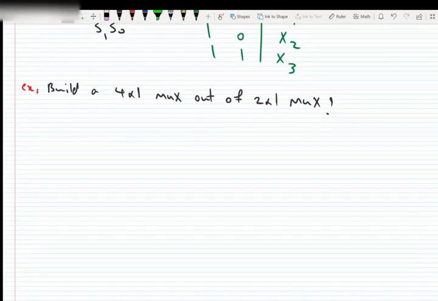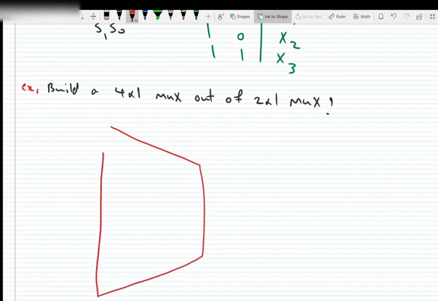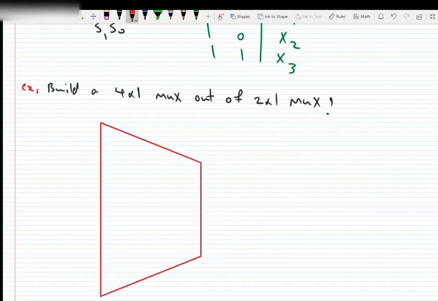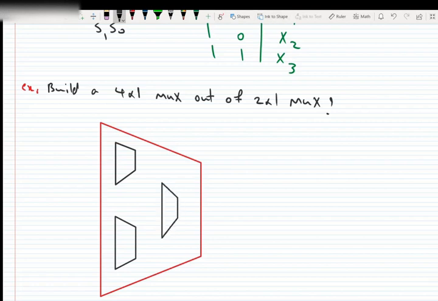So let's do that. If this is our 4 by 1 multiplexer, we need to have three 2 by 1 multiplexers. Then the first multiplexer is connected to X0 and X1. The second multiplexer is connected to X2 and X3.